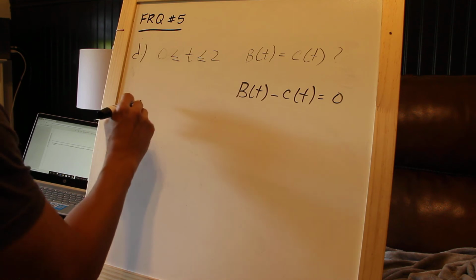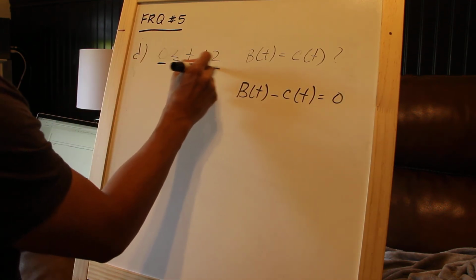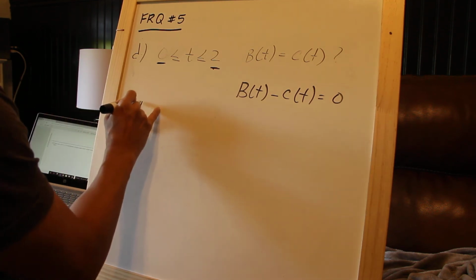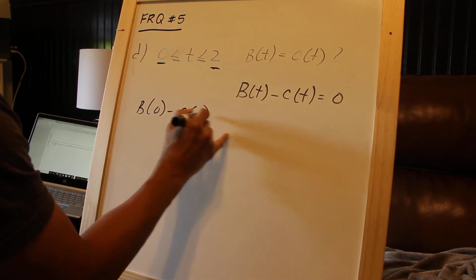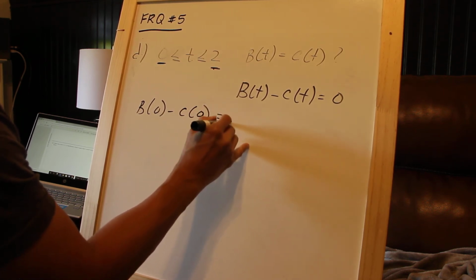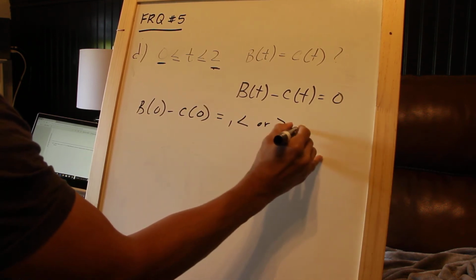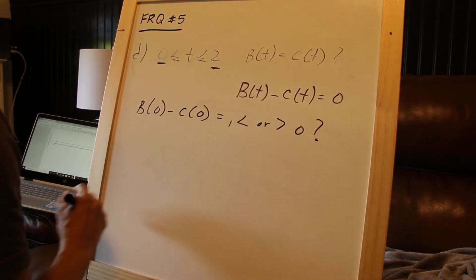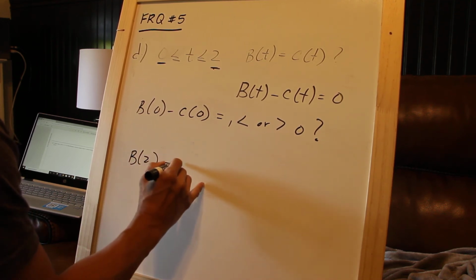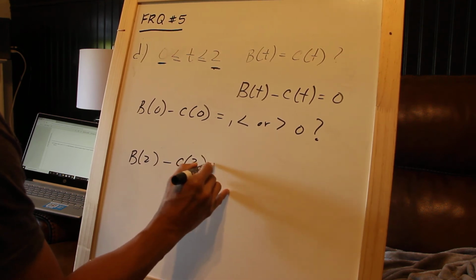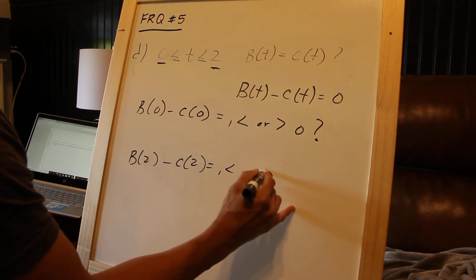So let's take a look at two scenarios. We have one at 0 and one at 2. So b of 0 minus c of 0, is that equal to, less than, or greater than 0? Then b of 2 minus c of 2, is that equal to, less than, or greater than 0?